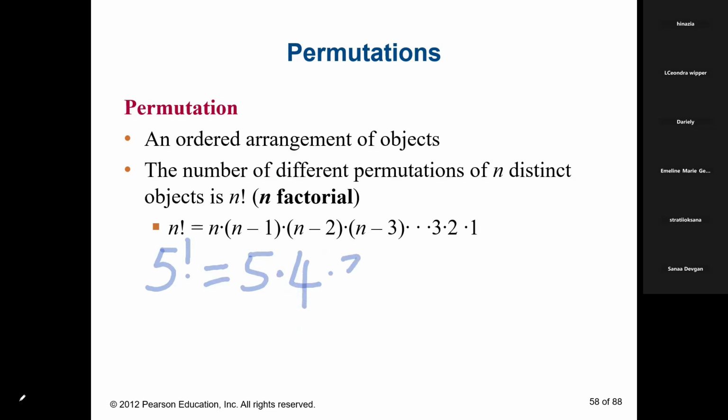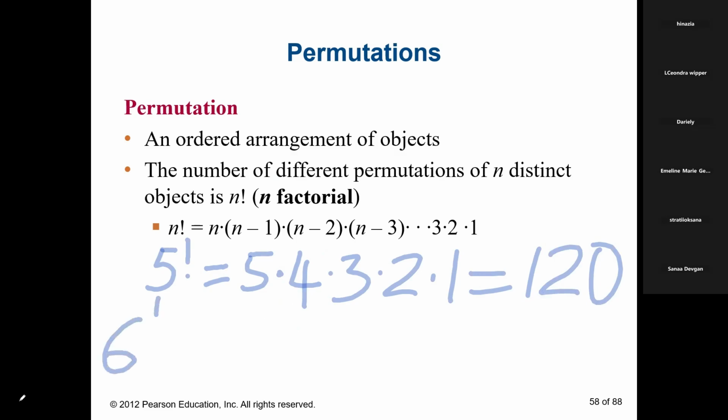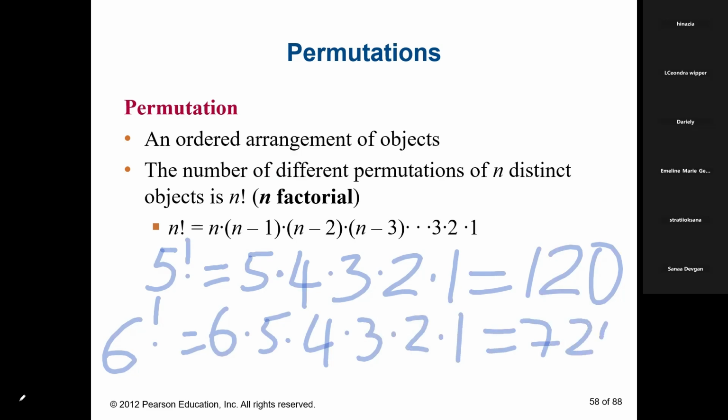Subtract 4 by 1, that's 3, times 2 times 1. And then you multiply them, that's 120. It's just a number. 6 factorial would be 6 times 5 times 4 times 3 times 2 times 1. That's 720. That's okay?